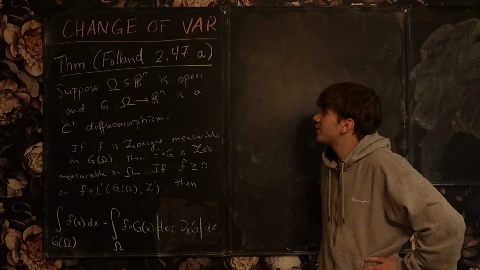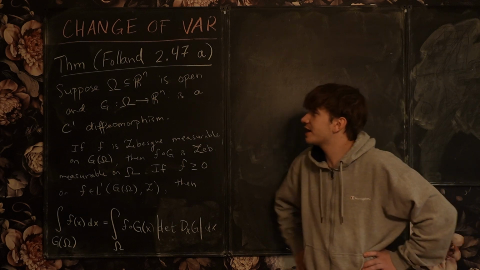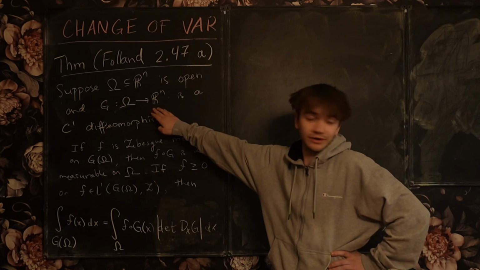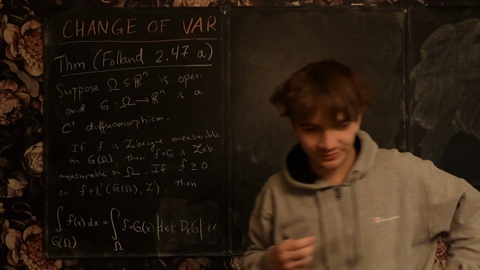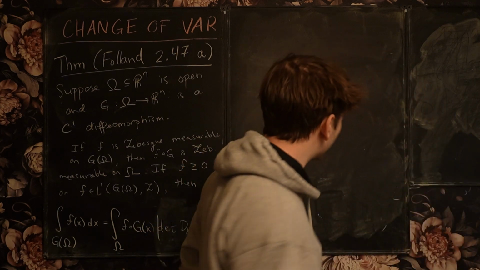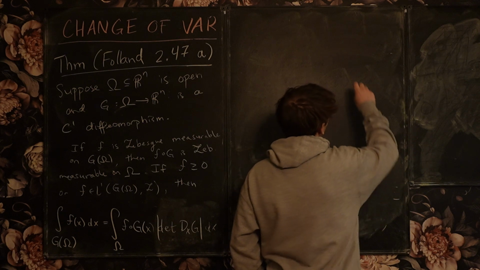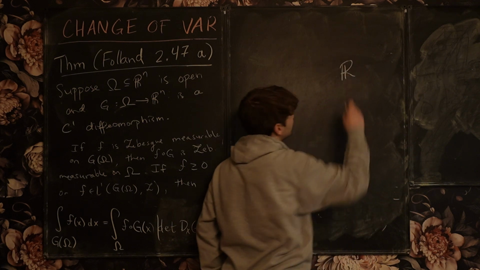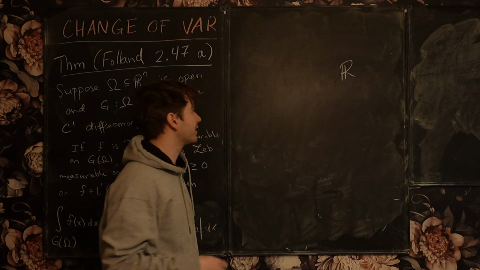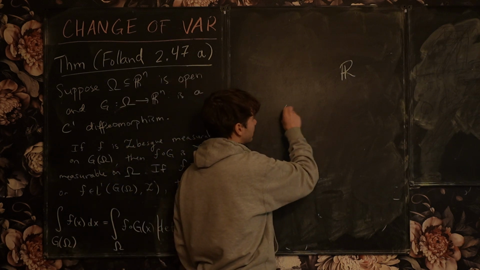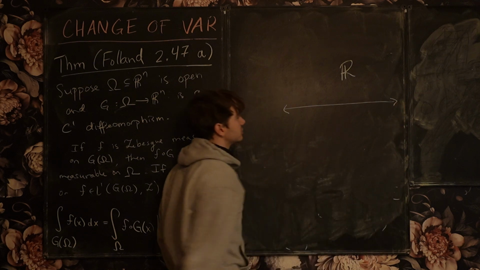Okay, so let's begin by talking about Rn, the symbol Rn here. What is R? Have you seen this symbol before? I've never seen that. So what this means is it's the real numbers. Just think of the number line.